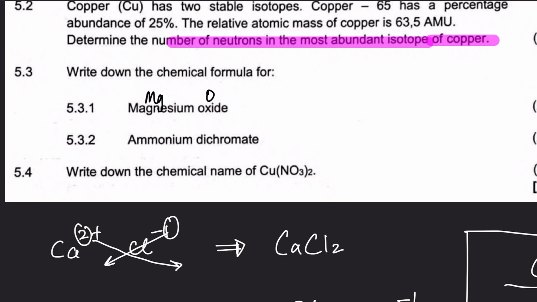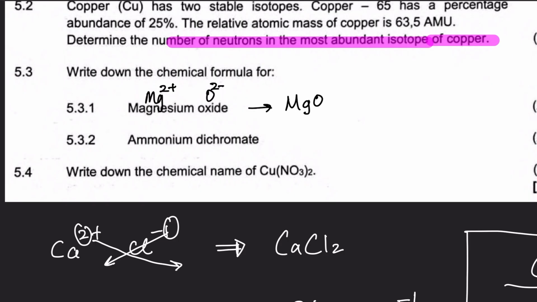Magnesium is in group 2, so that's going to have a charge of 2+. Oxygen is in group 16 or group 6, so that's going to have a charge of 2-. The charges cancel, so the answer is simply going to be MgO.